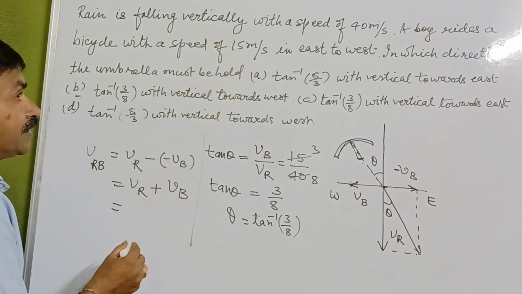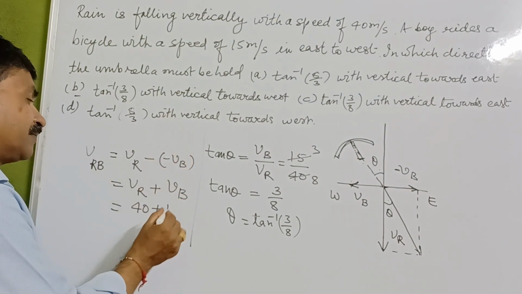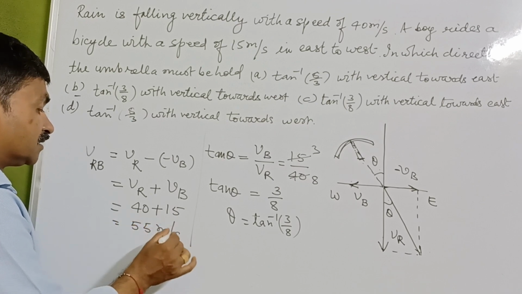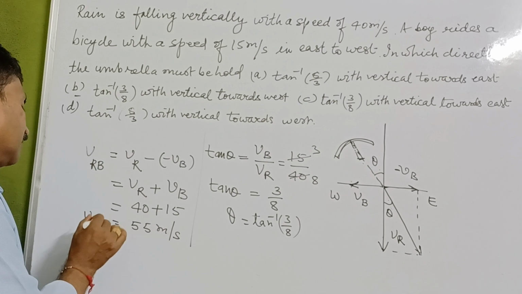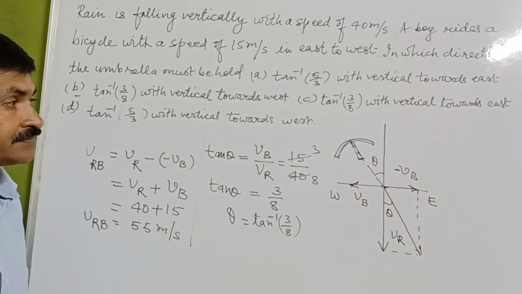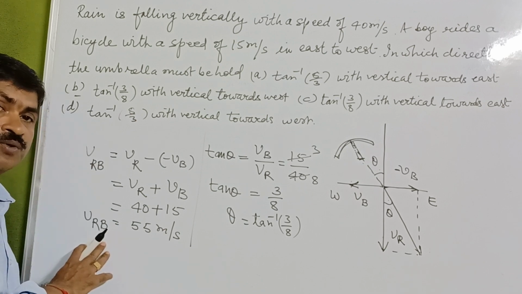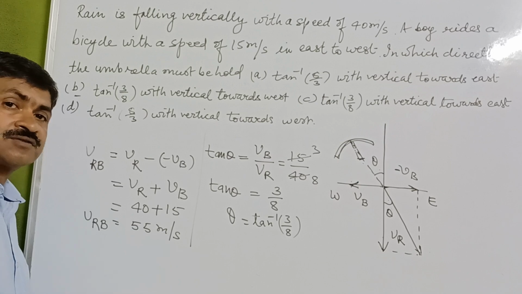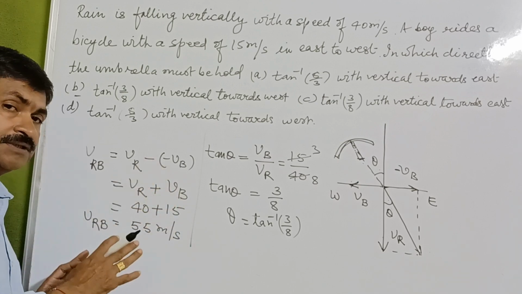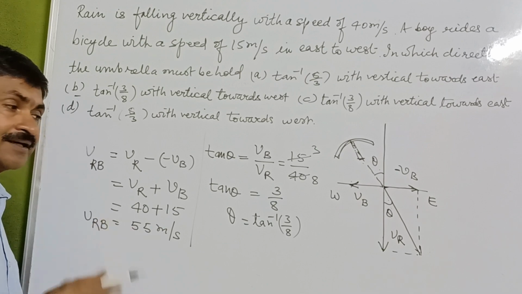The velocity of rain we can take as 40 and the boy's as 15, so it will give 55 meters per second, the relative velocity of rain with respect to the boy. So this way we can calculate the relative velocity also. It is not mentioned in this question, but if it is asked, then you can determine it in such a manner.